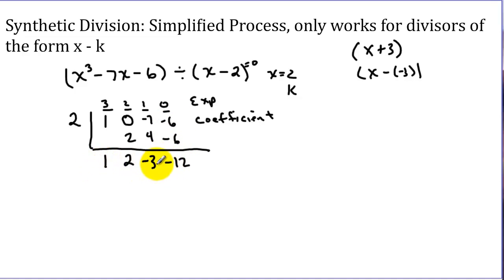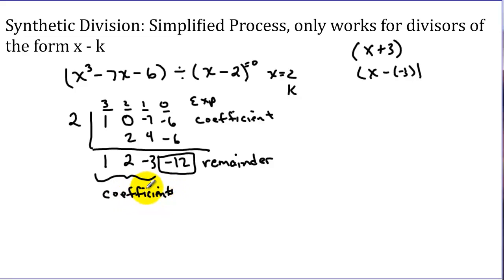Now we have to interpret these numbers. This last number here is our remainder. And these are the coefficients of our quotient, or our result.